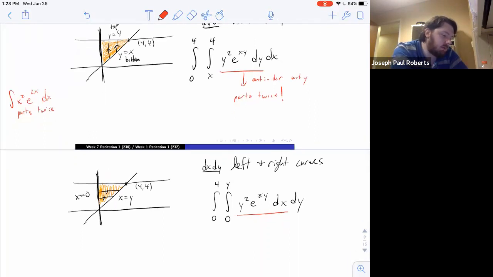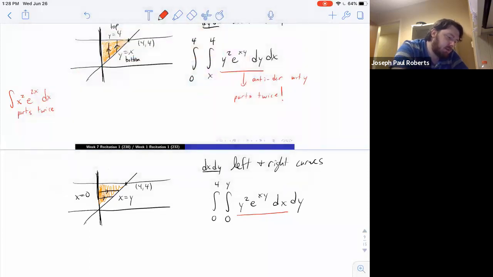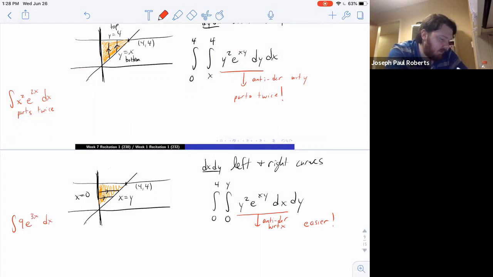But if you pretend y is a constant, so antiderivative with respect to x, it's really a lot easier. Because if I'm pretending y is a constant, I'm looking at, what's the antiderivative of 9 e to the 3x? It's easy, right? So maybe you guys on your own could practice this.